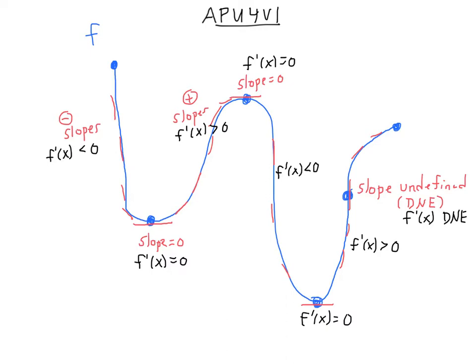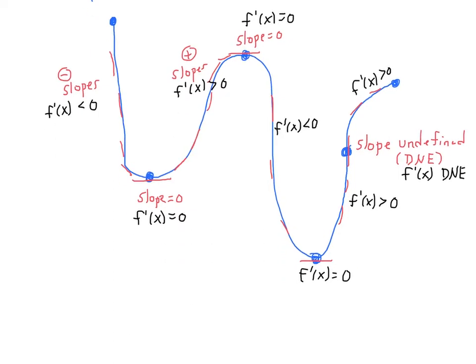Other examples included areas where you had discontinuities, like a hole or a VA or a jump. And then back over here, again, your derivative would be greater than 0, would be positive. Okay? All right, so next, let me scroll down here.